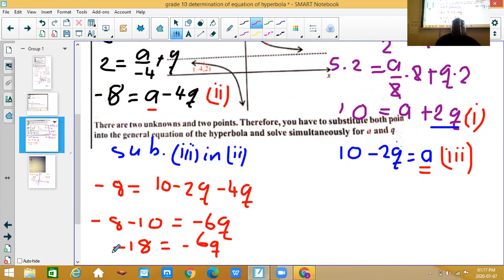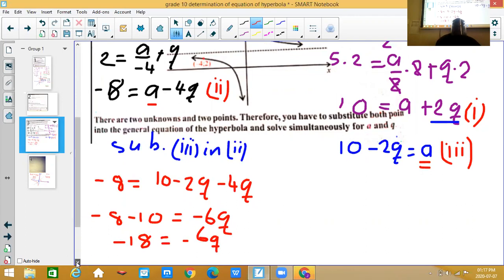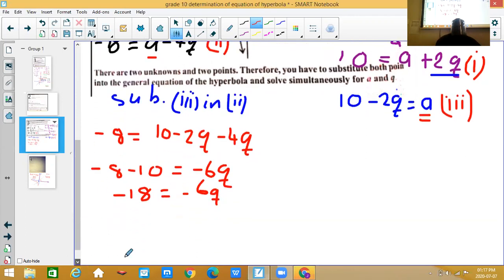Have we got the value of q? No. Since we haven't got it, what do we need to do now? We divide by -6 on both sides. If we divide by -6, what are we going to remain with here?